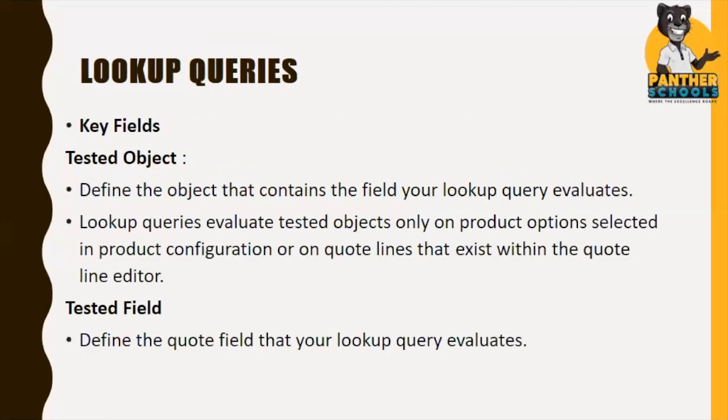We have a few fields in the lookup query object while creating it. First, the tested object. What is the tested object? It is either quote line or product. Then the tested field, the particular field in which we are updating or performing some task.